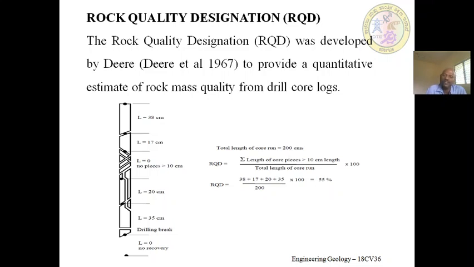In RC drilling and DTH drilling, you get only rock fragments or rock powder, but in core drilling, you get a representation of the particular rock body with its structures, if any structural events are present.